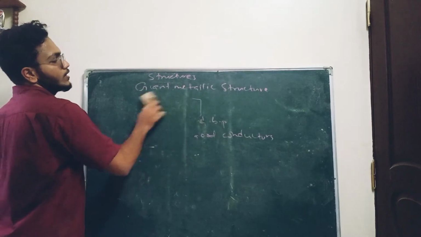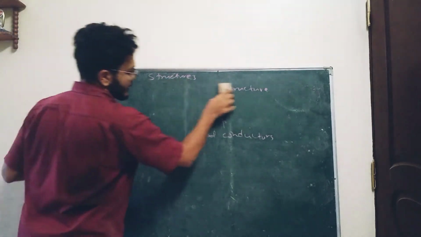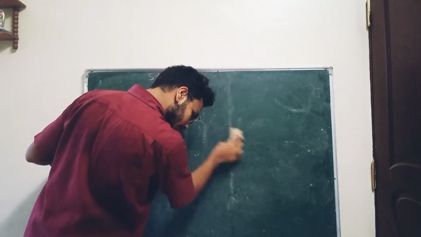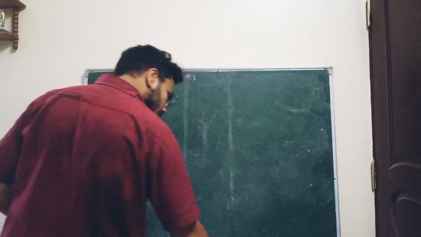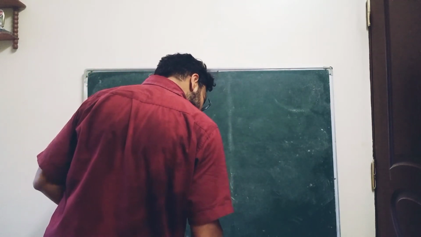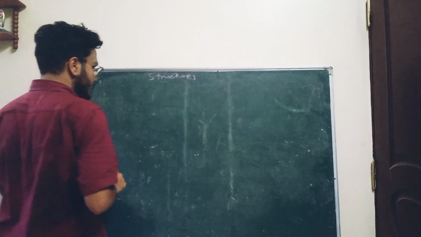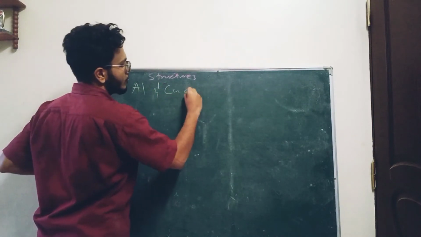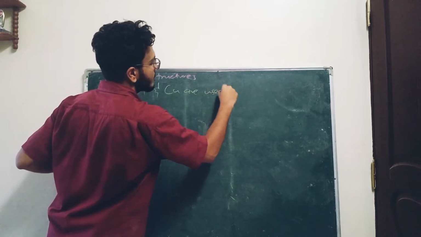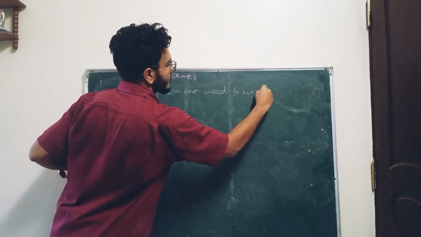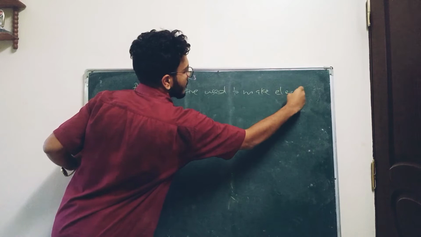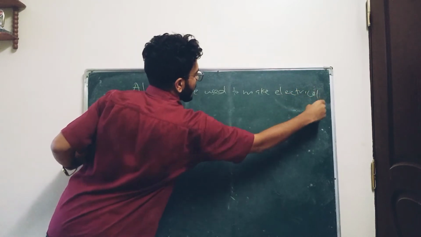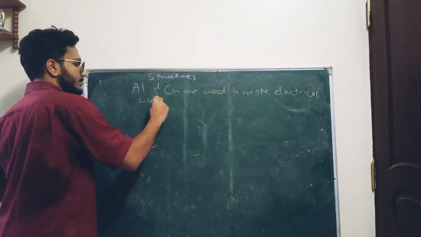we can say uses of metals, although not necessary, we can just write them down. Aluminium and copper are used to make electrical wires due to good electrical conductivity. 2.